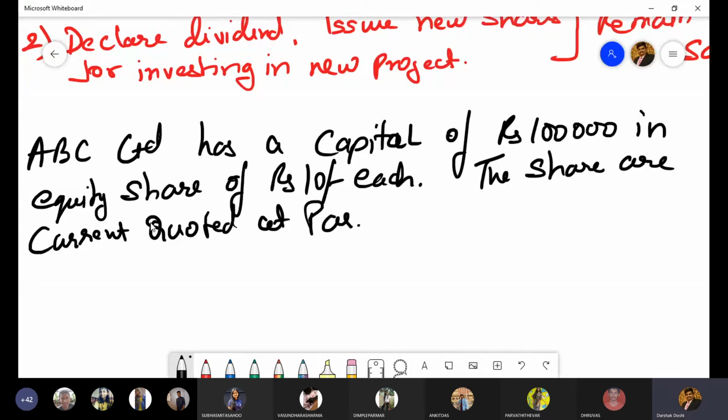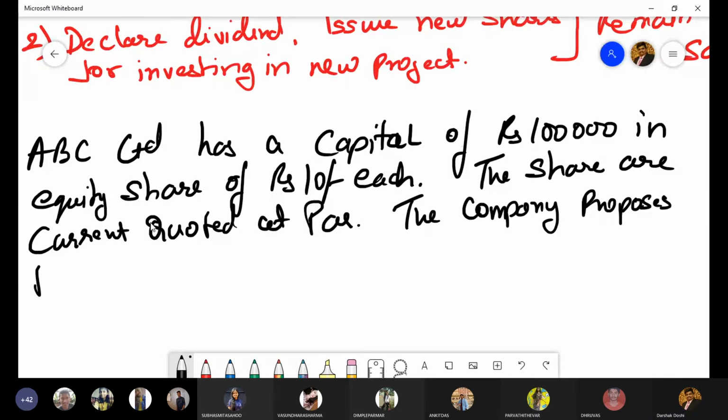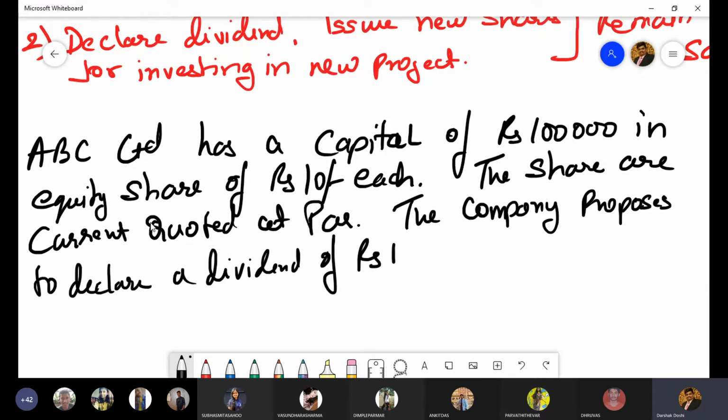The company proposes to declare a dividend of rupees 10 per share at the end of year.